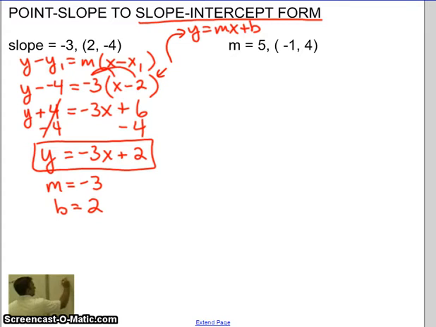Let's look at this example over here. The slope is 5, and our x-coordinate is negative 1, and our y-coordinate is 4 from the point on our graph. So y minus y1 equals m times x minus x1. Clean this up a little bit.